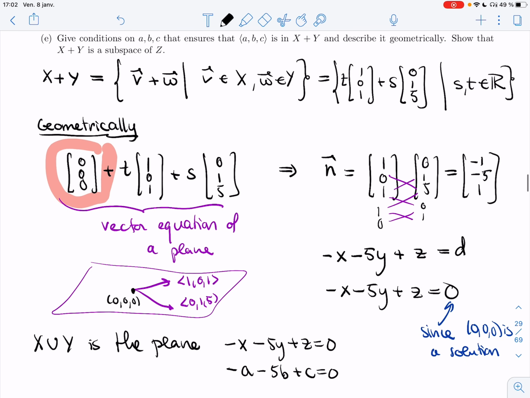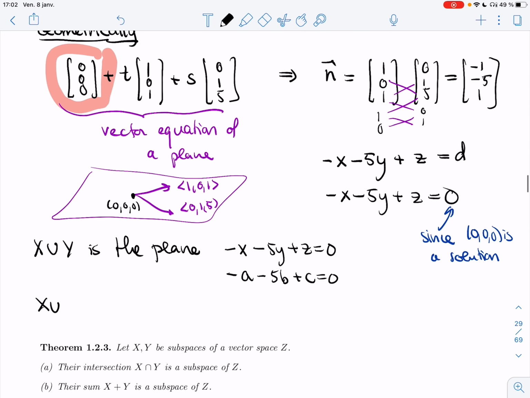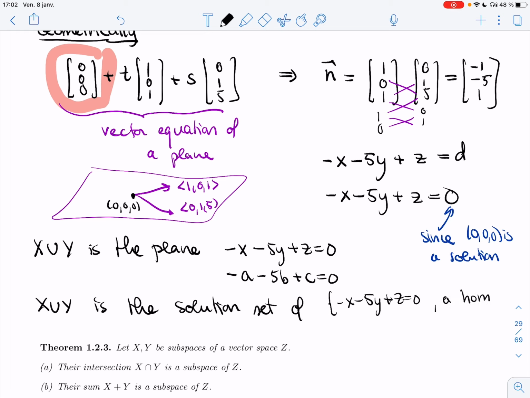So it's a plane and it is a subspace because it's the solution set of a homogeneous system. And so X plus Y is a subspace.